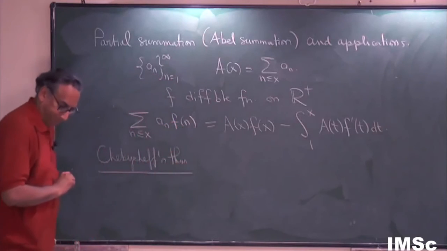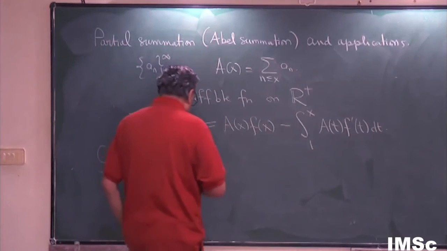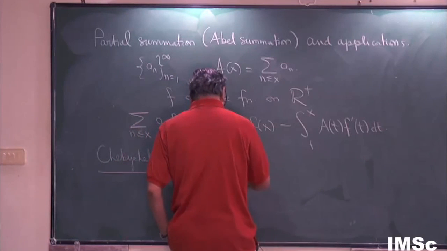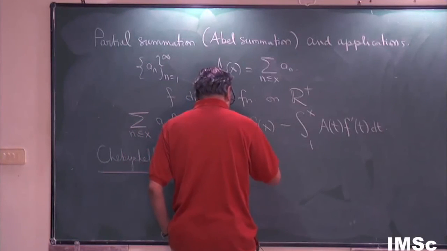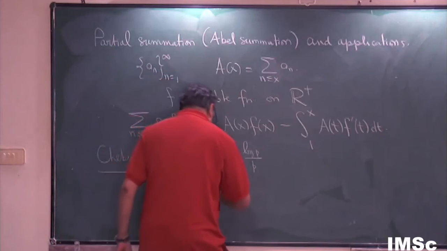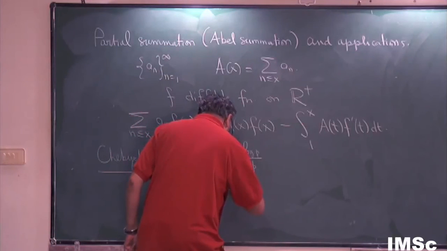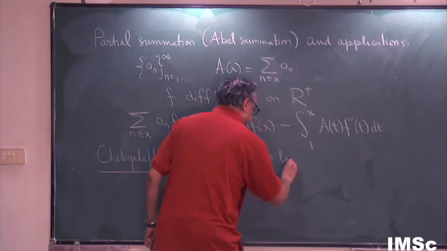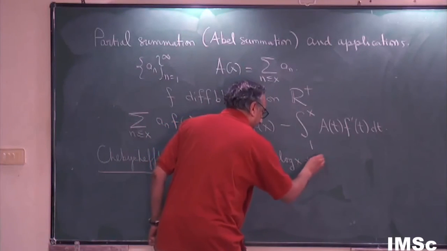Using this we proved that the sum over primes p less than x of log p over p is equal to log x plus something bounded.